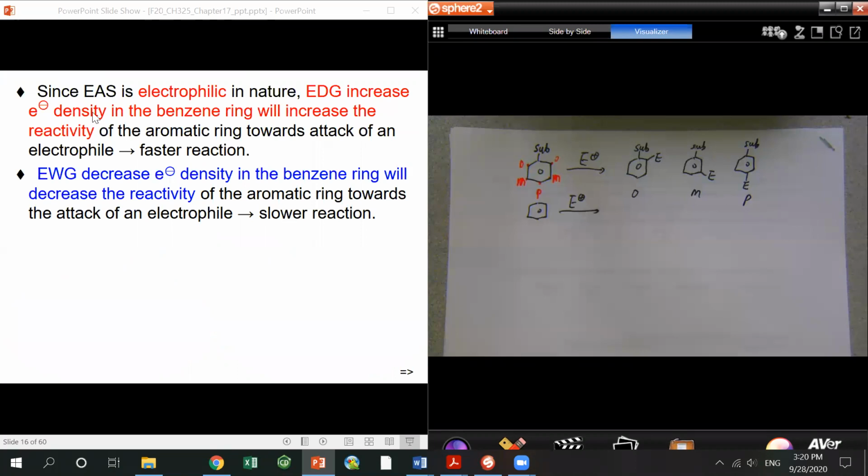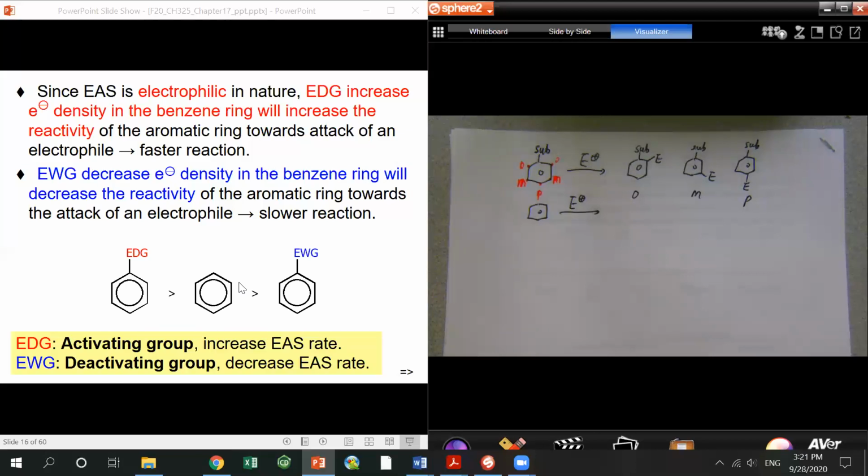That's also summarized here. The electron donor group increases the electron density in the benzene ring, so reactions are faster, and the electron withdrawing group decreases the electron density and slows down the reaction for the electrophile attack. Overall, just keep in mind that compared with nothing on the benzene, a donor group increases the reaction rate and an electron withdrawing group slows down the reaction rate.